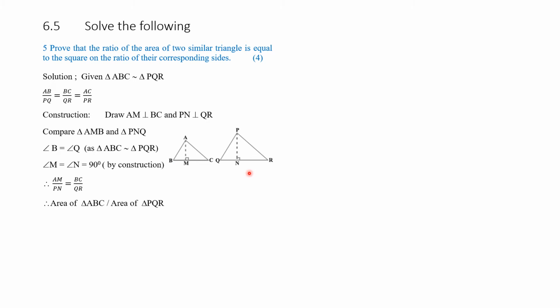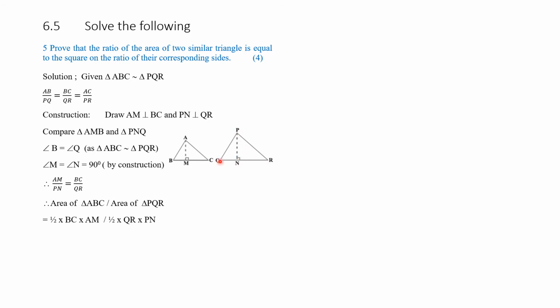Now, area of triangle ABC divided by area of triangle PQR equals half base into height. Half into base BC, height is AM here. Therefore, half BC into AM divided by area of PQR, which is half QR, the base here, into height PN.